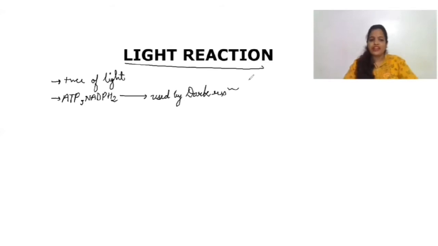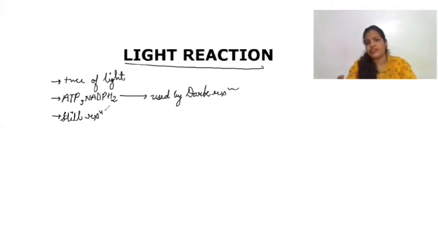Now coming to the light reaction again, this light reaction has been given few more names. One is Hill reaction. Now Hill reaction is on the basis of the name of the scientist who gave this light reaction concept. Then it is also known as electron transport chain, because here we'll see that the complete action is actually done for the electron.